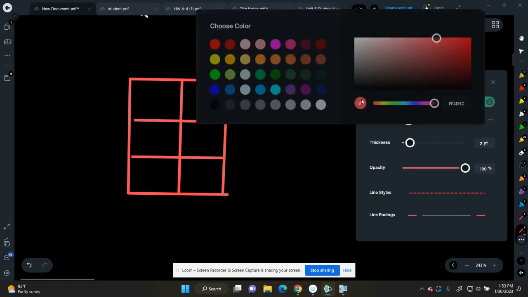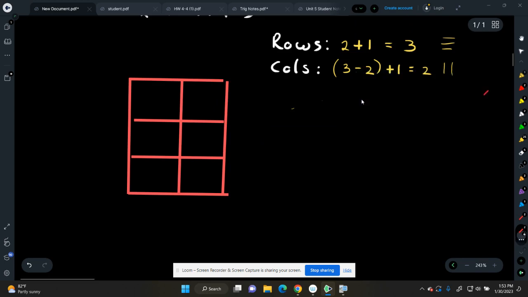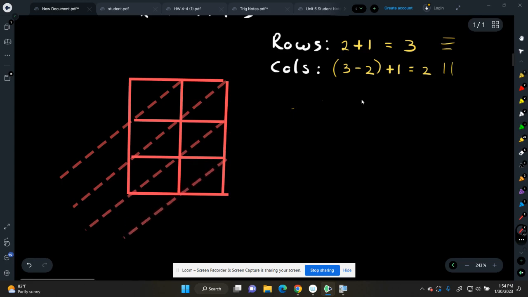And we're going to draw in our diagonals. Make sure you go through the corners of the boxes so we can keep track of what goes where.